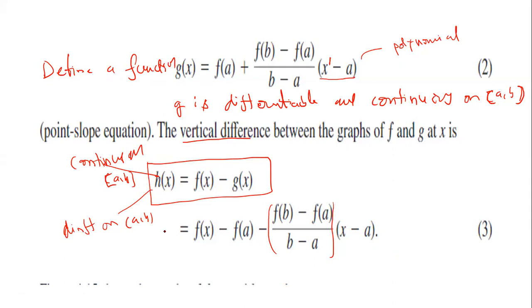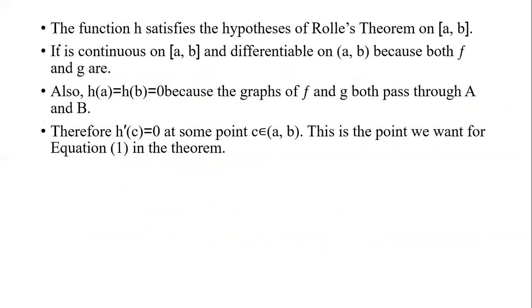This h of x function is continuous on the closed interval a b and differentiable on the open interval a b. Once again I have written the same concept here: the function h satisfies the hypothesis of Rolle's theorem on the closed interval a comma b. What is the meaning of the hypothesis of Rolle's theorem? Continuous on the closed interval a b. Already I told you.